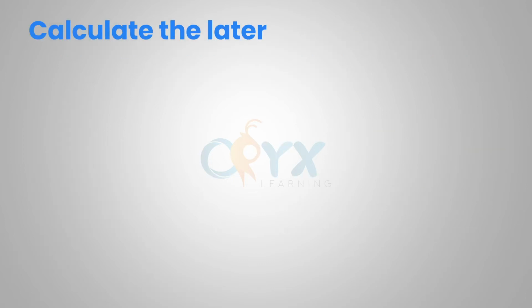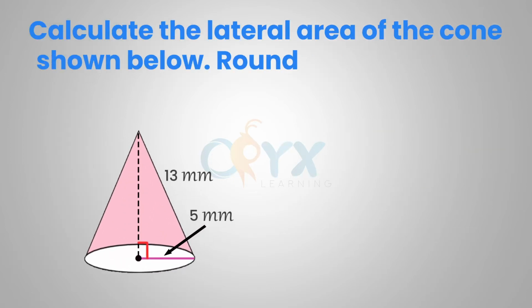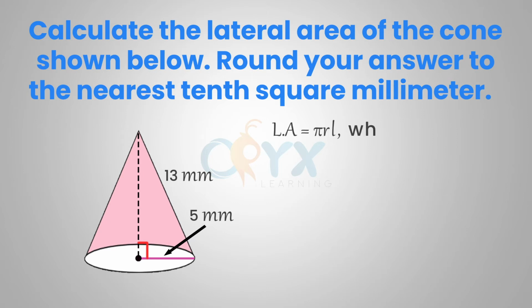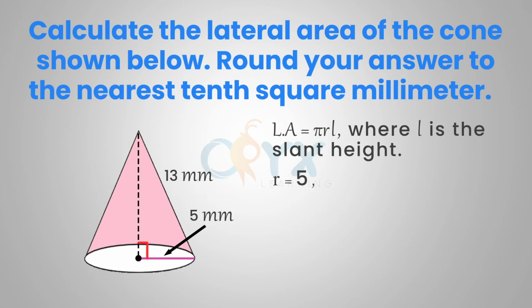Calculate the lateral area of the cone shown below. Round your answer to the nearest tenth square millimeter. So the lateral area of a cone is pi r L, where L is the slant height. As we can see from the diagram, r, the radius, is 5, and the slant height L is 13.